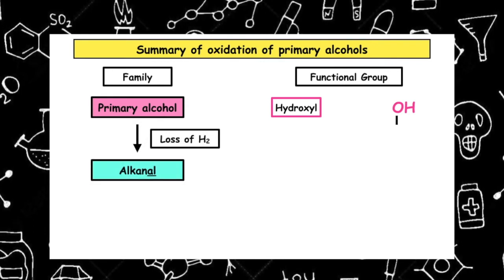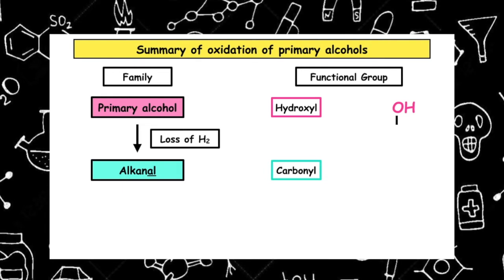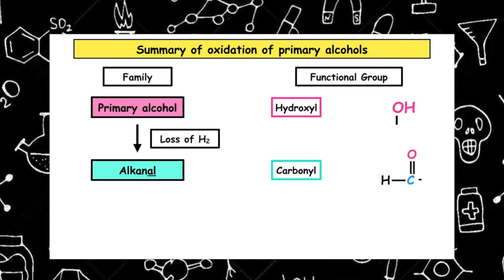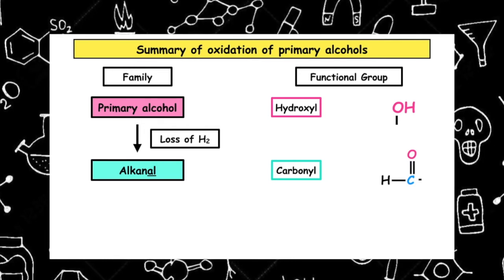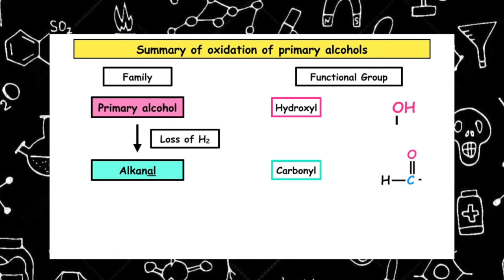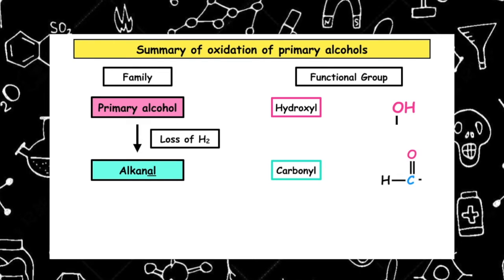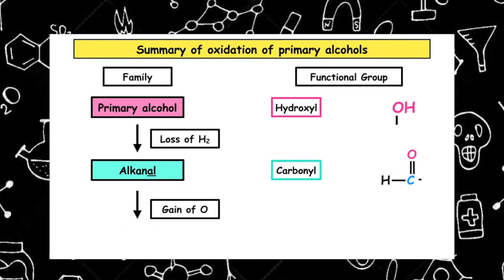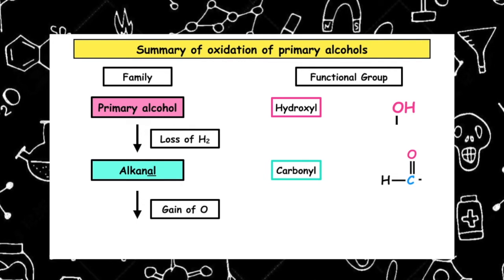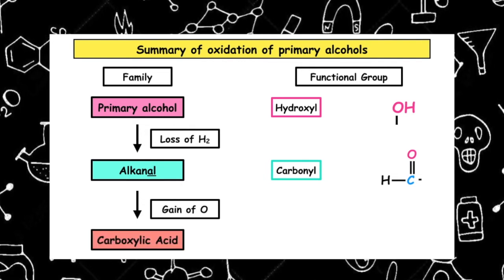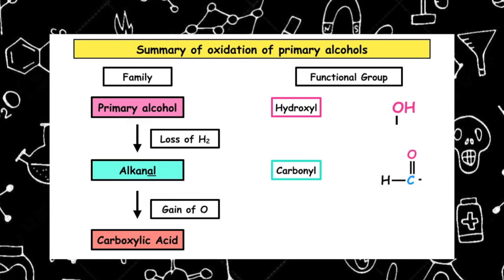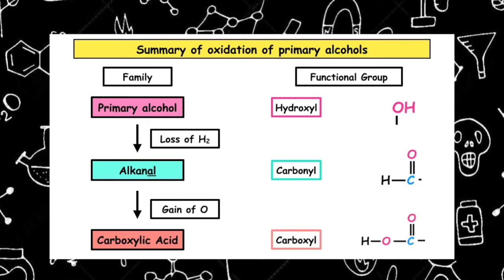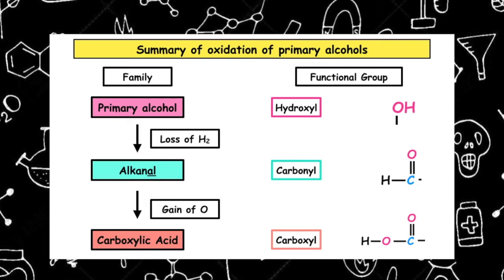The name of that functional group is the carbonyl, which can be identified as a C double bond O H. Please remember to also have the little bond coming out of the carbon on the right hand side, as carbon has a valence of 4. The second stage of oxidation is the gain of an oxygen atom. The name of the family produced would be the carboxylic acids. The name of the functional group is the carboxyl, and we can identify that as our C double bond O OH.